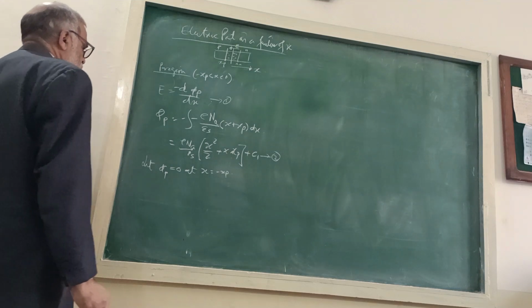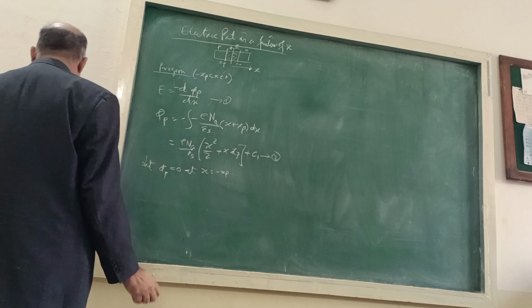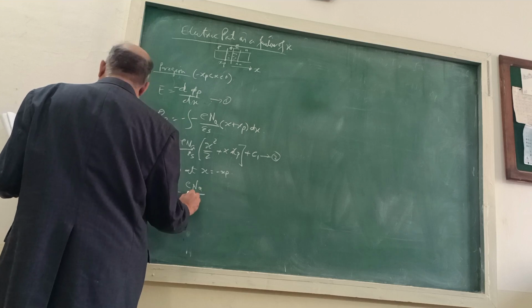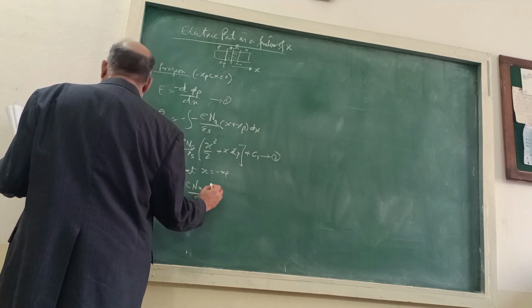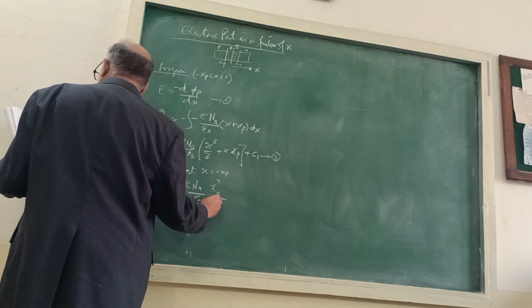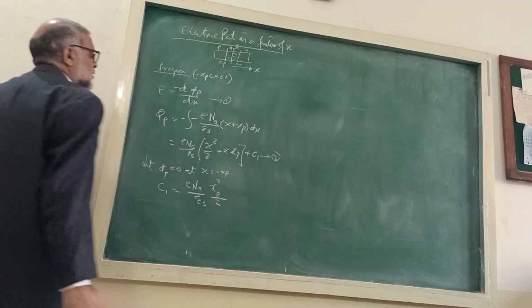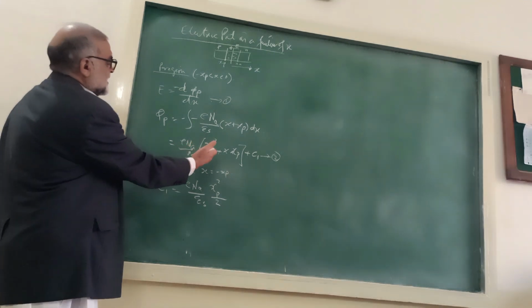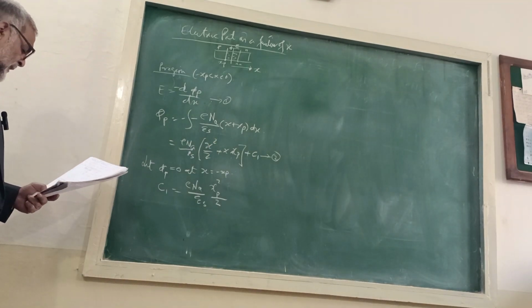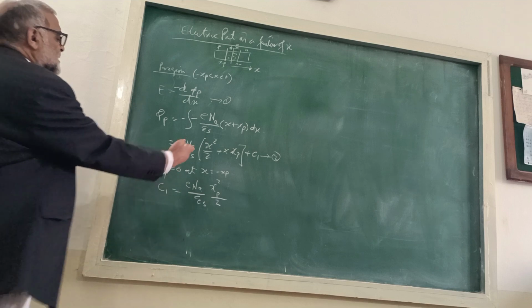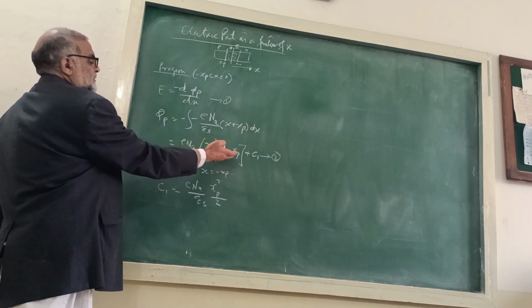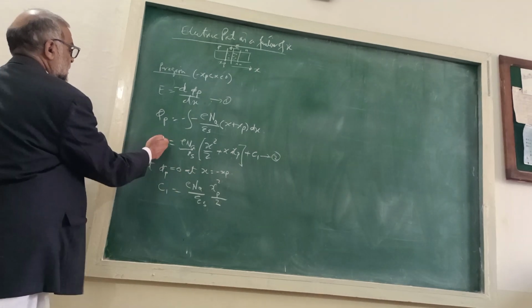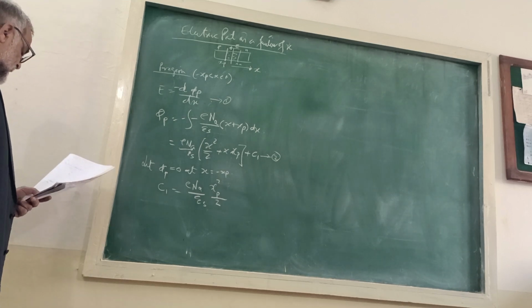When we do this, we get C1 equal to q NA by epsilon s, xp squared divided by 2, because this side will be equal to 0.